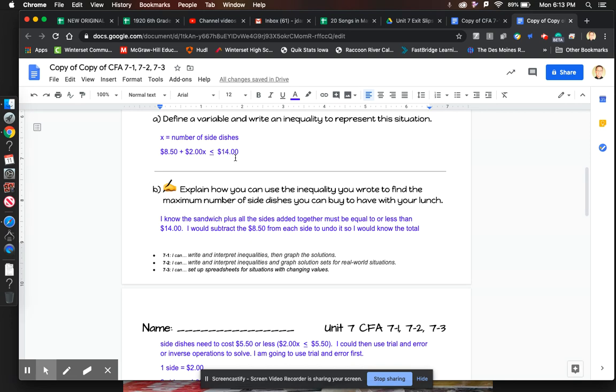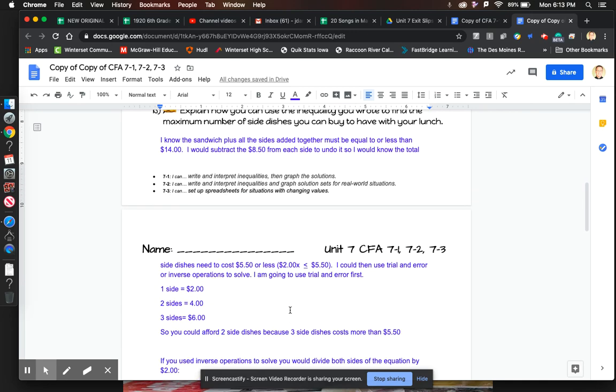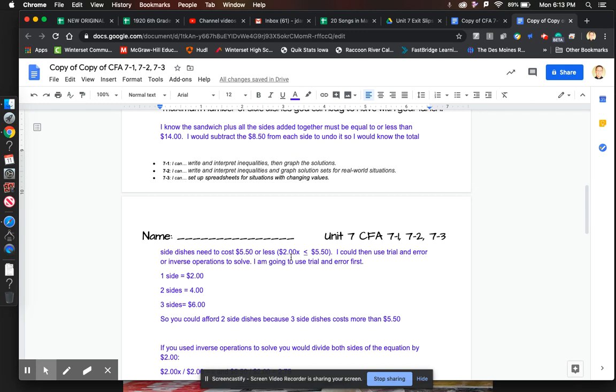And you can do that just like you do with an equation where there's an equal side. What you do to one side, you have to do to the other to keep it balanced. So if I do that, what I end up coming up with here would be left with $2 per each side dish times the number of side dishes, x, has to be less than or equal to $5.50. Okay, so I can't spend more than $5.50 on side dishes.